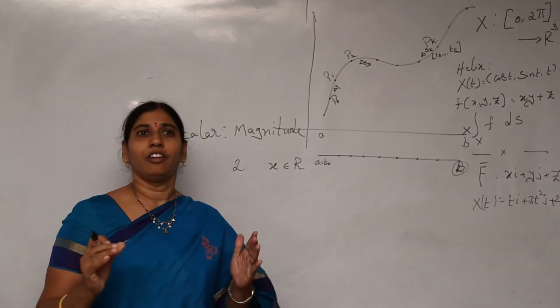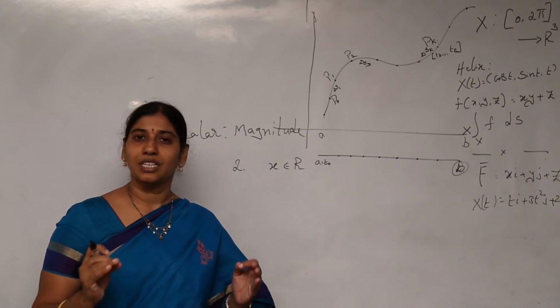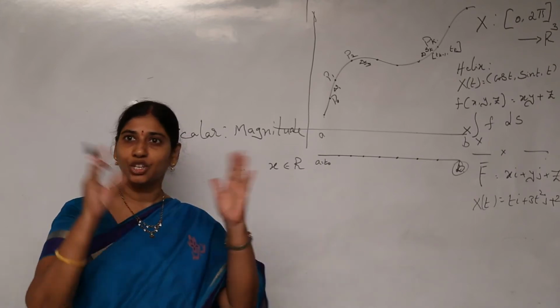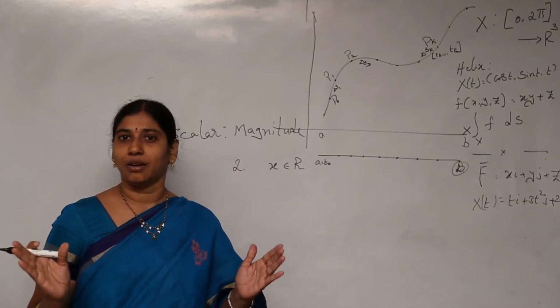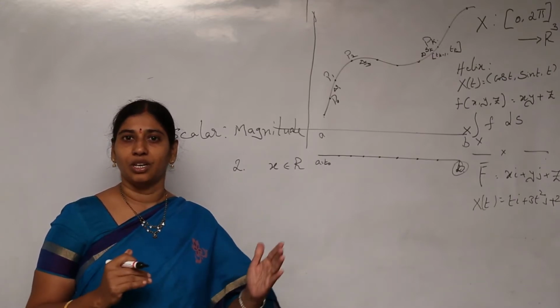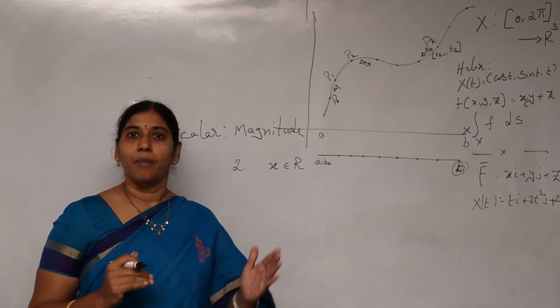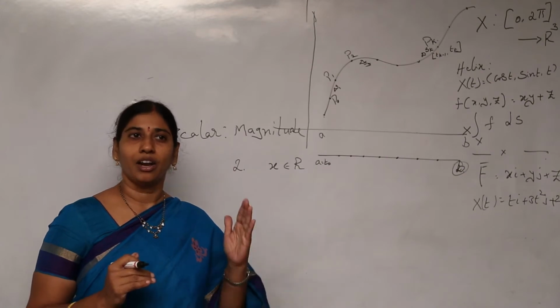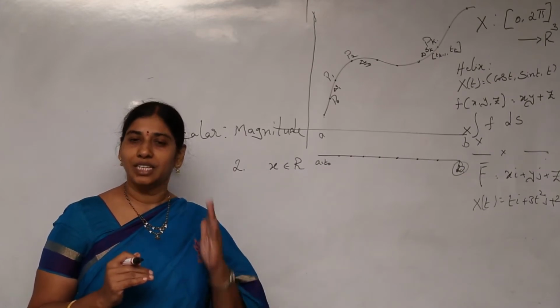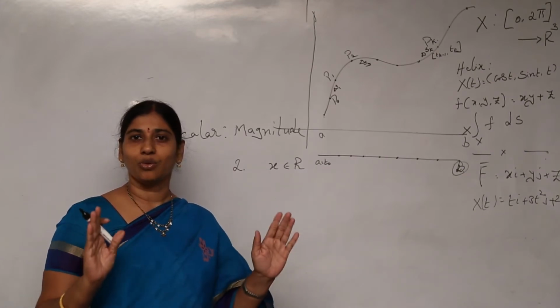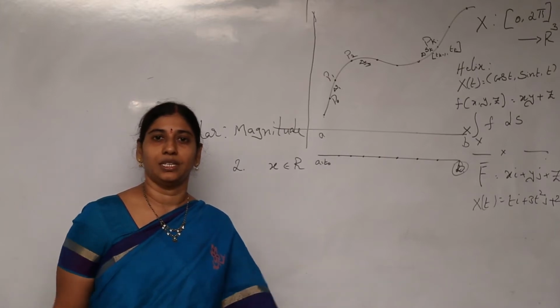In the real world, the temperature of this particular room is a scalar quantity. Or the time, or the mass of a body, or the speed, the distance, etc. All these quantities are scalar quantities.